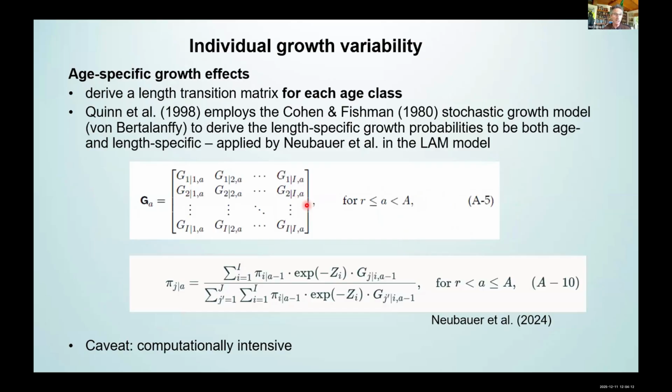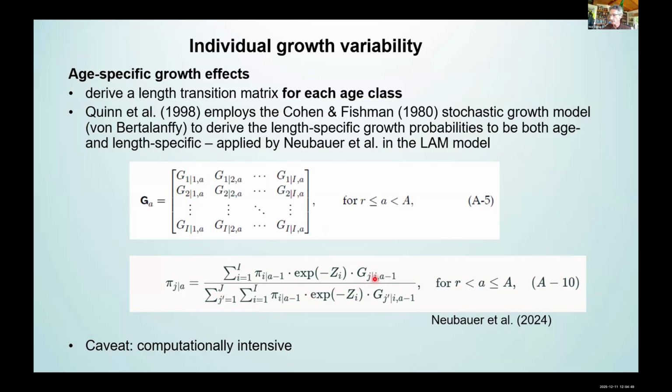Perhaps a better approach is that developed by Kuan, which builds on the work of Terry back in 1998 that uses the Cohen-Fishman stochastic growth model, which derives discretized length-specific growth probabilities that are both age and length-specific. So what you have here instead is a growth transition matrix specific to a particular age class. All of the fish at length within that age class will then have their own individual length transition vector. And then that is plugged in.